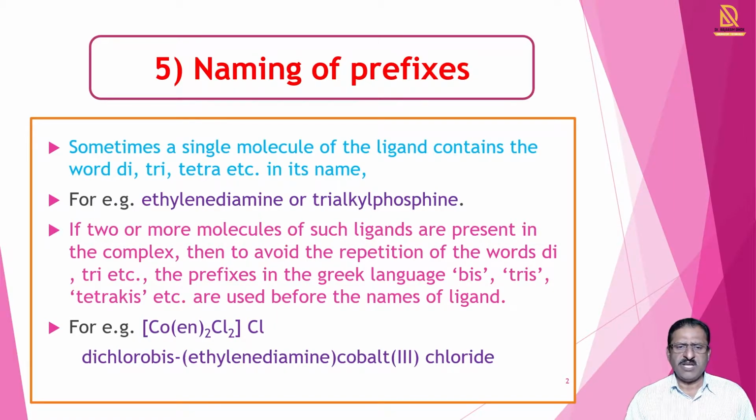There are some ligands that already contain the word di, tri, tetra. When such ligands are used in coordination complexes, and they are present in 2, 3 or 4 numbers, then by adding di, tri there is a repetition of di, tri, and there is confusion about the actual name.